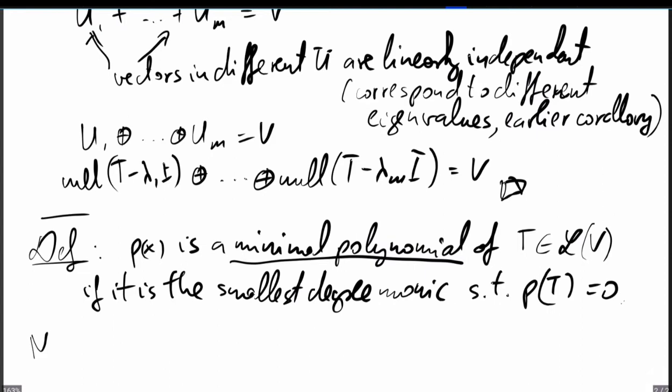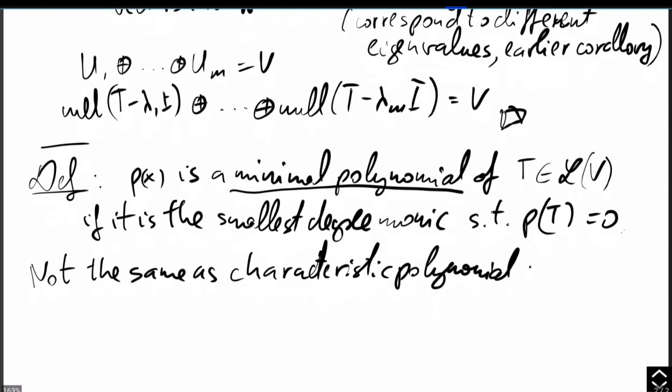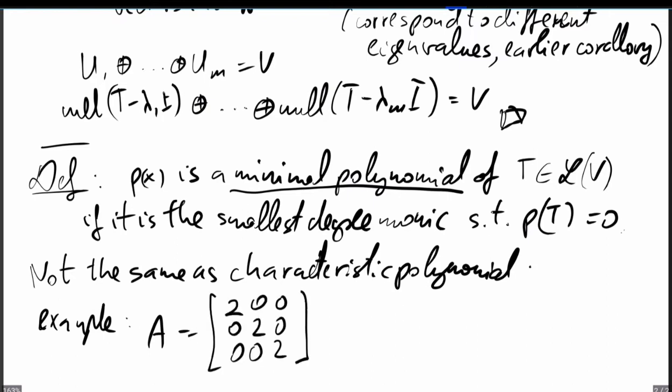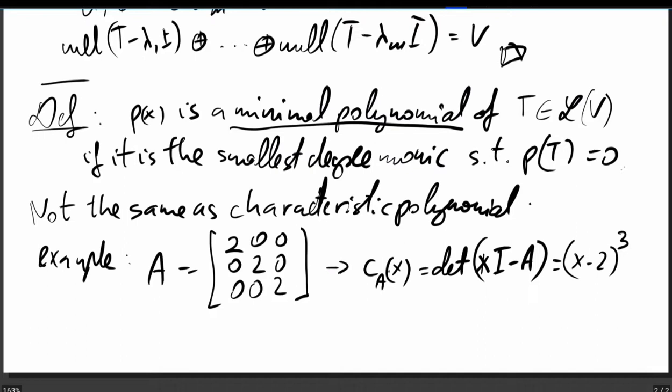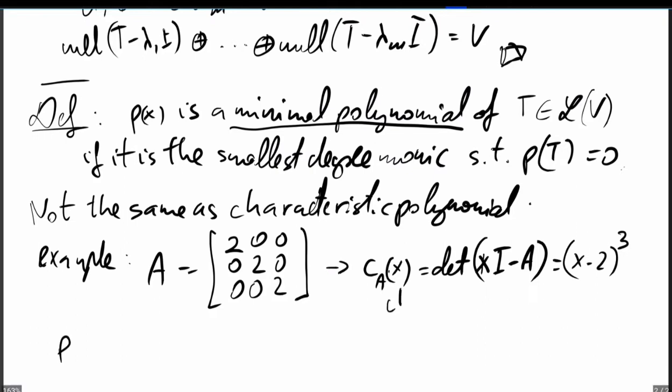So let me show in an example that this is not the same as the characteristic polynomial. For example, if you have a 3 by 3 matrix A, which is a diagonal matrix with 2 in the diagonal, then the characteristic polynomial of this matrix, so that's the determinant of xI minus A, equals x minus 2 cubed. And of course we only have one eigenvalue, lambda equals 2.